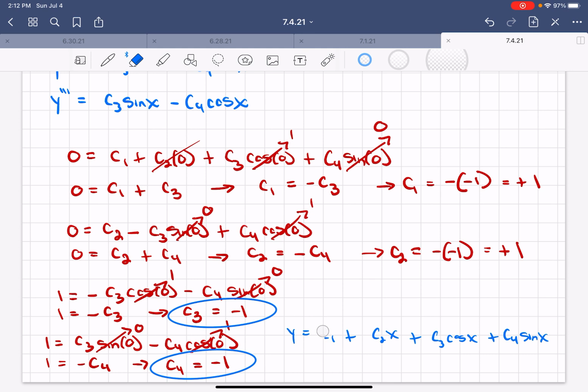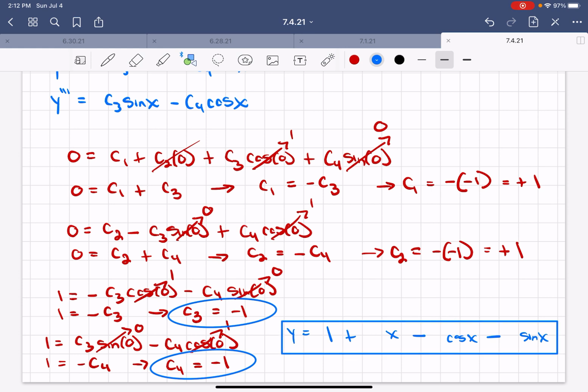C1 equals 1, so it's 1, c2 equaled 1, so we could just leave it as x. C3 equaled negative 1, so that would be negative cosine x. And c4 equals negative 1, so that would be negative sine x. So this right here is our solution.